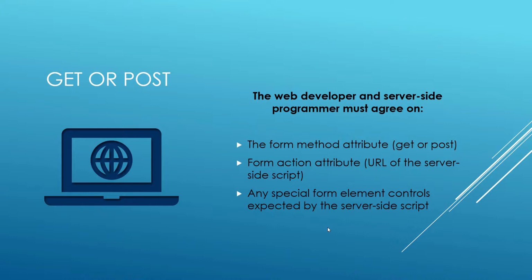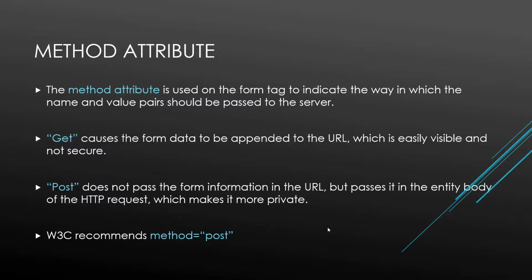So you have to agree on if you're going to use get or post, the form action attribute URL of the server-side script. You need to make sure that where you're sending the information is agreed upon. And then any special form element controls expected by the server-side script. We'll also take a look at how you actually use IDs or how you name the elements in your form.